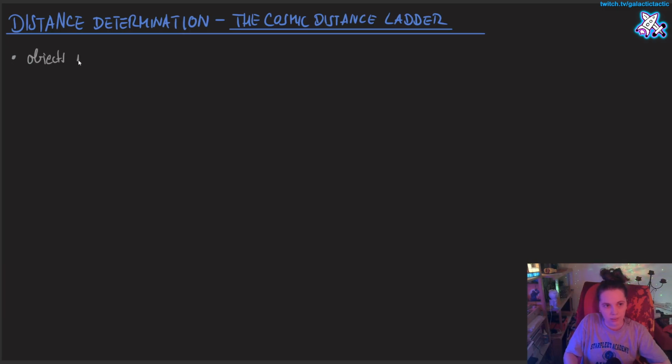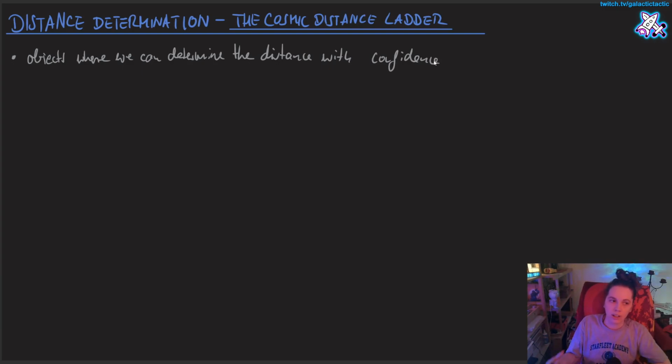Because it's a ladder, right? The error is going to accumulate. If you go higher on the ladder, you have more errors. So that's why we need to be really sure with the previous step.